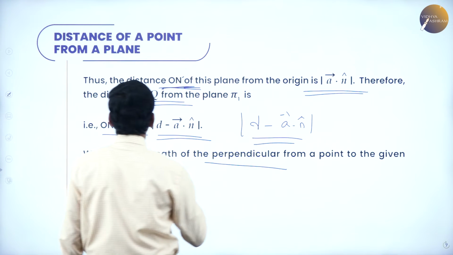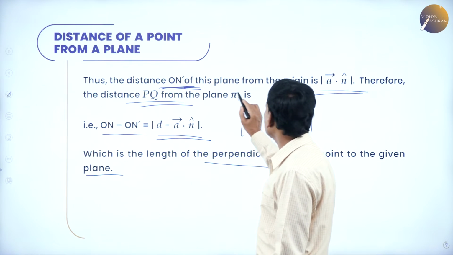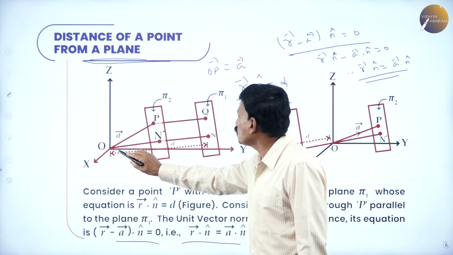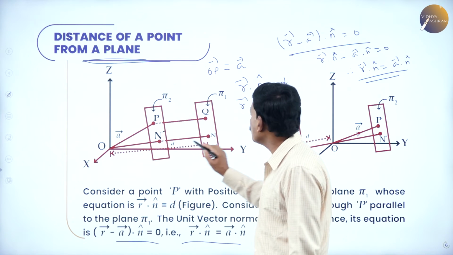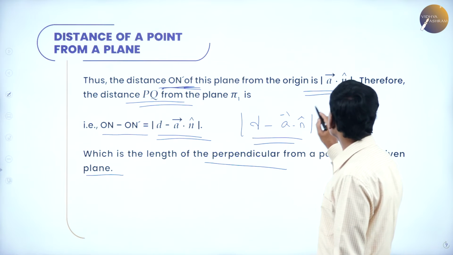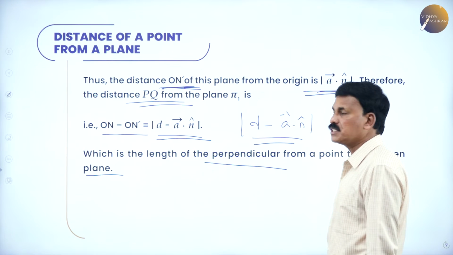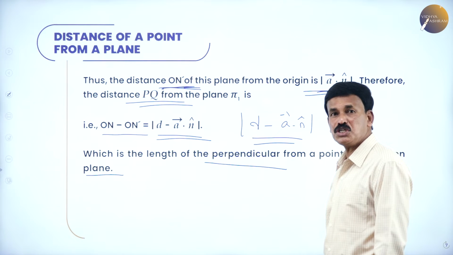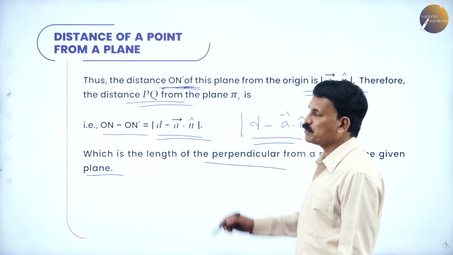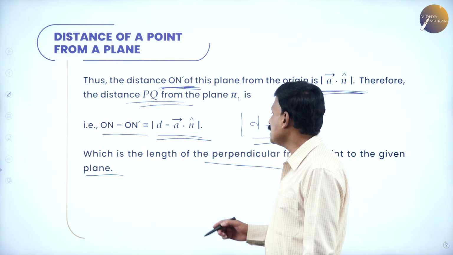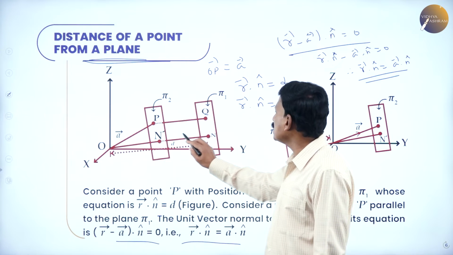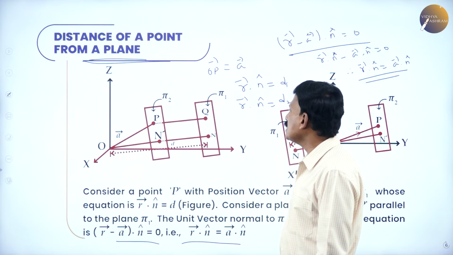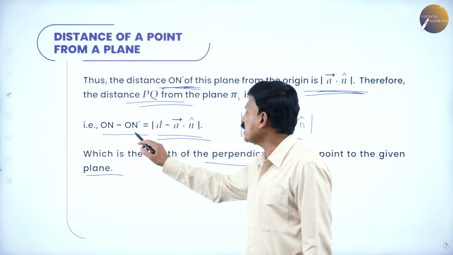So the distance ON dash from the origin is vector a dot n cap. Therefore, see the diagram, the distance PQ from the plane pi 1 is given by ON minus ON dash.